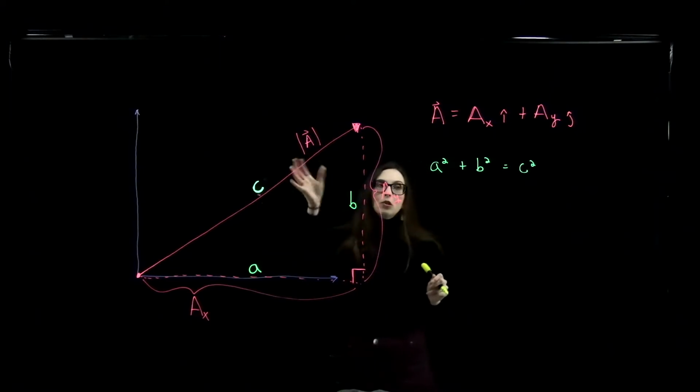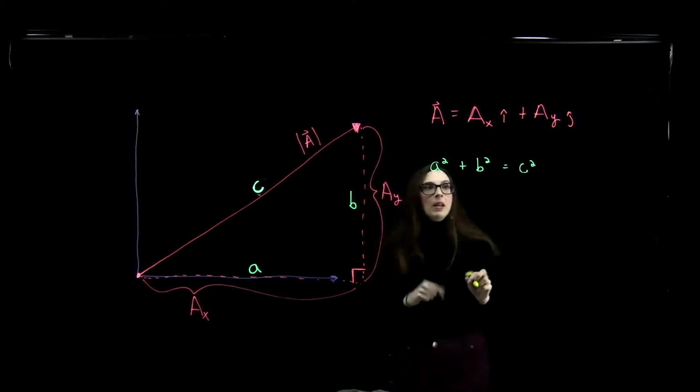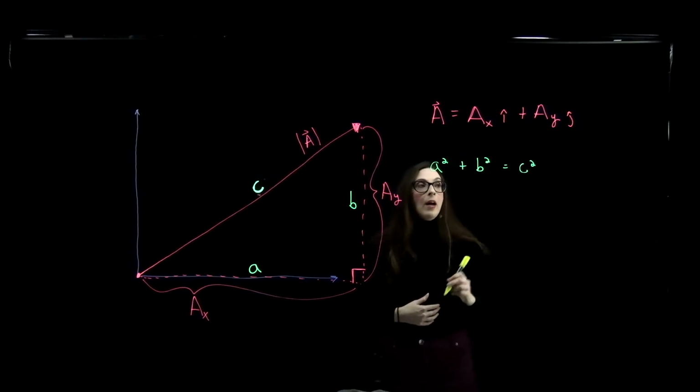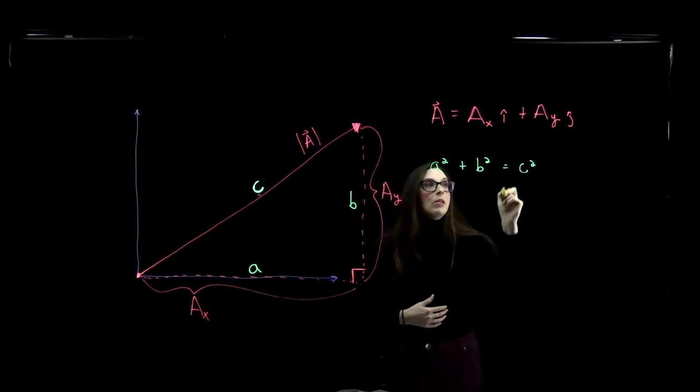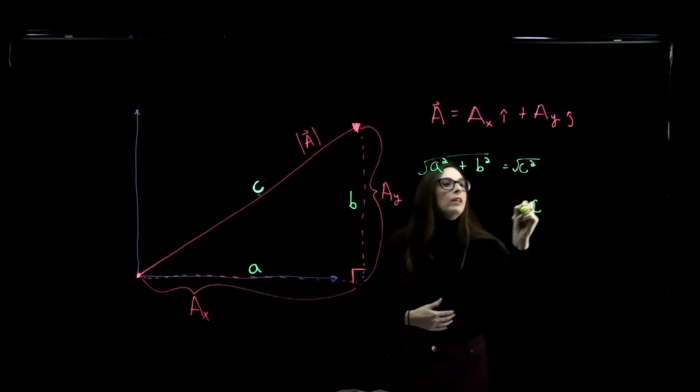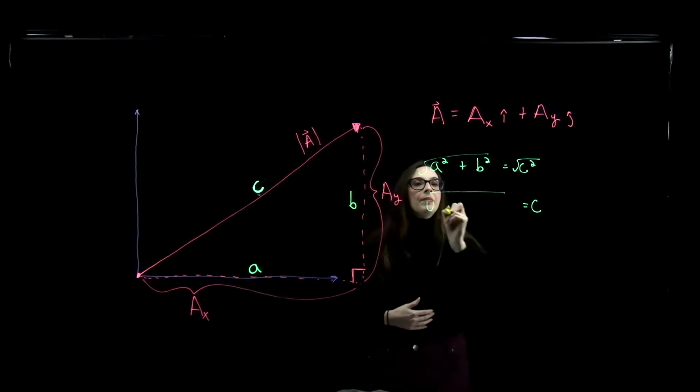C is the hypotenuse of the triangle, A and B are my 2 legs. So we could solve this for the hypotenuse of the triangle by taking the square root of both sides. And if we do that, the hypotenuse of my triangle is the square root of a squared plus b squared.